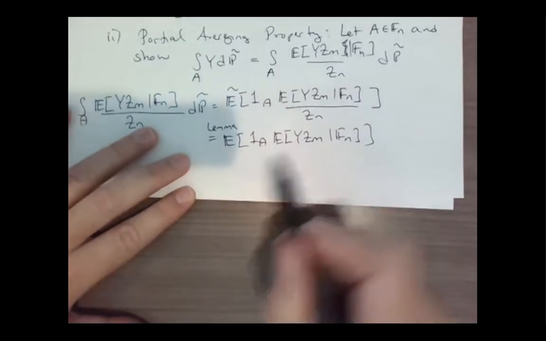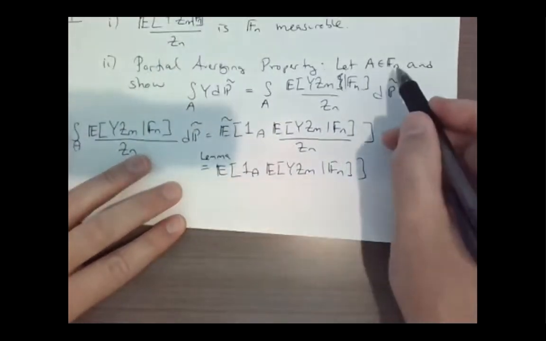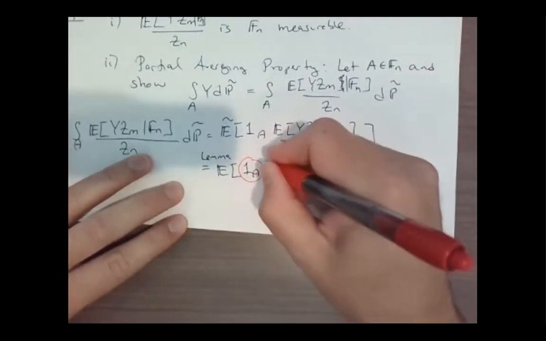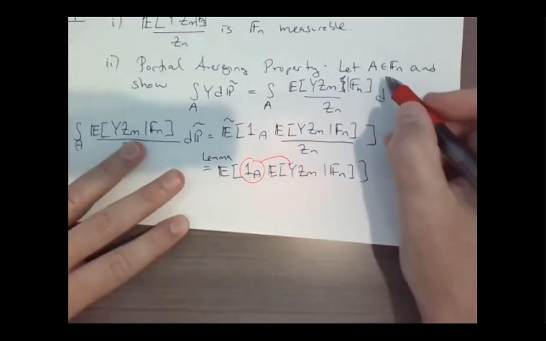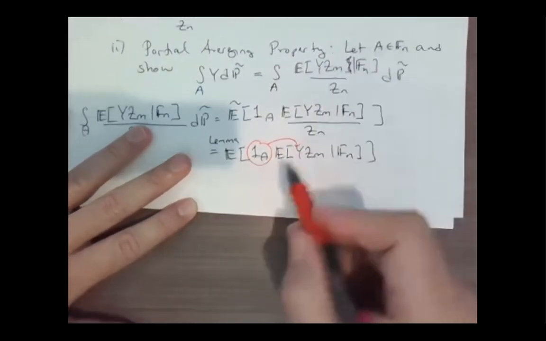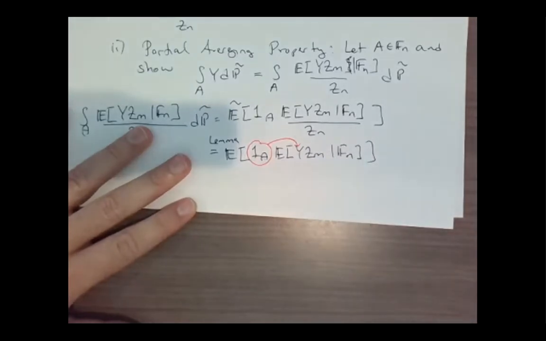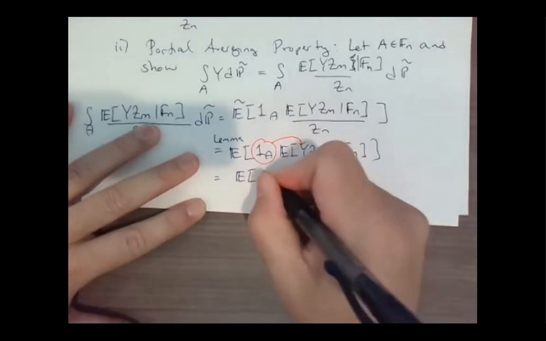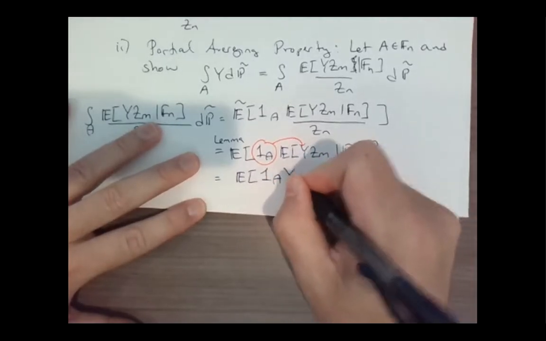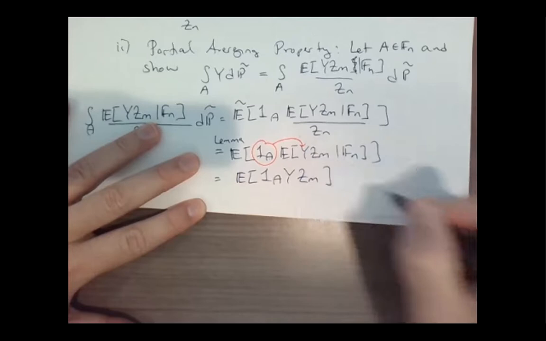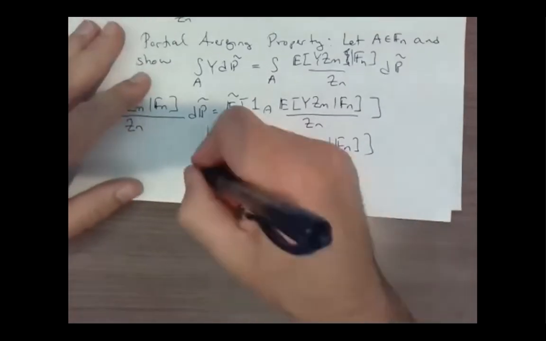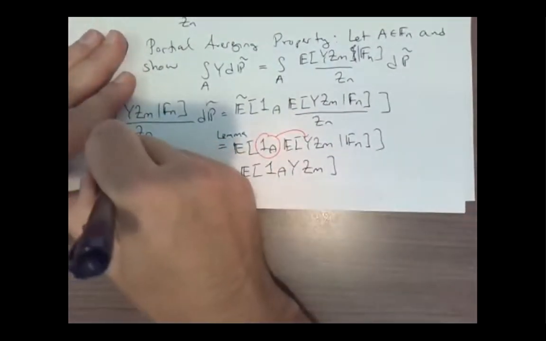Now I have 1A, and A was in Fn, so this is Fn measurable and it can travel inside. Then I'm left with an expectation of a conditional expectation. We know that this is equal to the unconditional one, so this is equal to the expectation of 1A Y Zm, and that's because conditional expectations are unbiased.